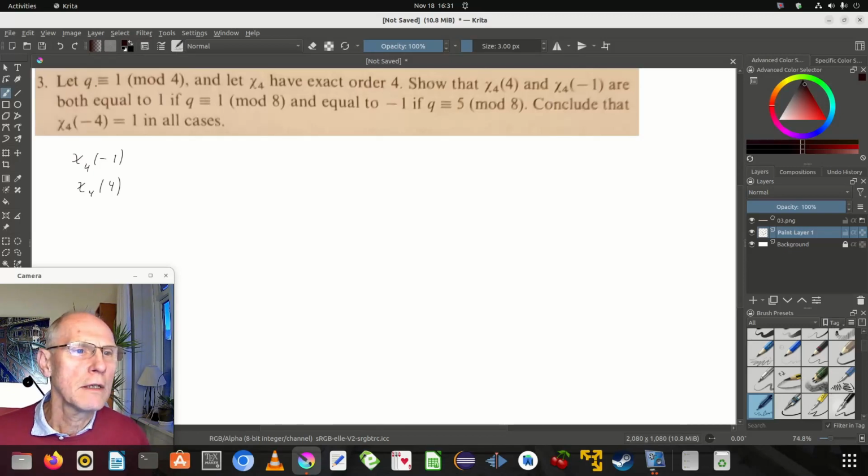Now, when q is equivalent to 1, then there is a square root of minus 1. And the same 4 is also a square.